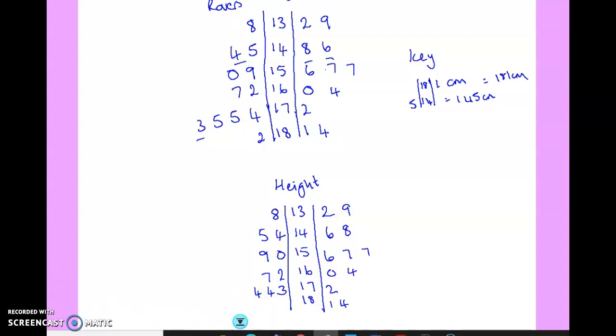Oh no, it's not 2 4s, it's 2 5s. 5 and 5. And a 2. So this one is doves, this one is the rovers, and I need my key in. And that is my finished back-to-back ordered stem and leaf diagram.